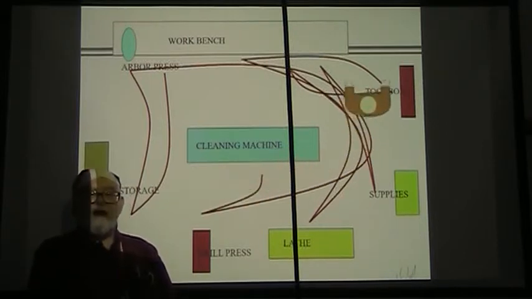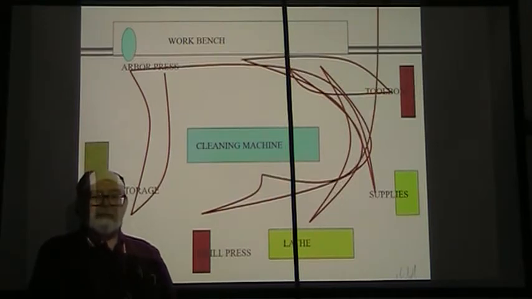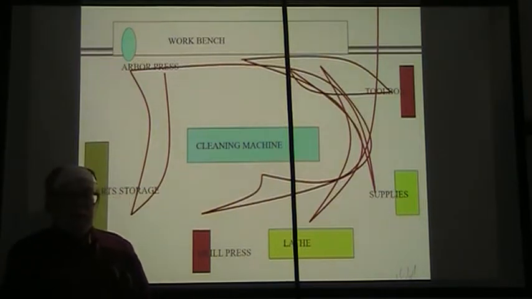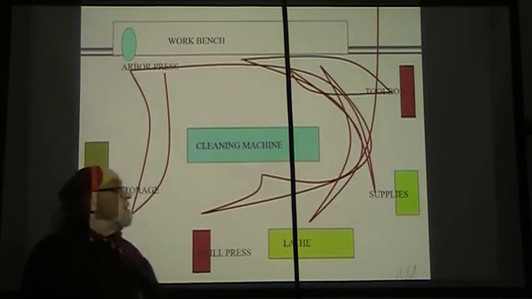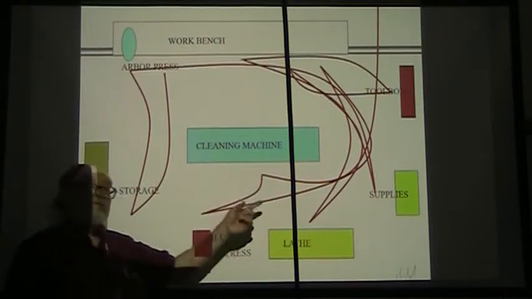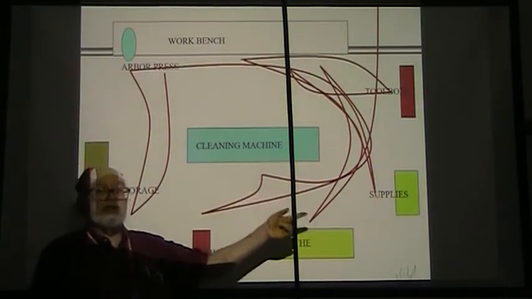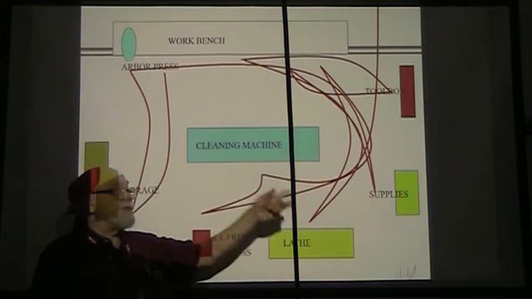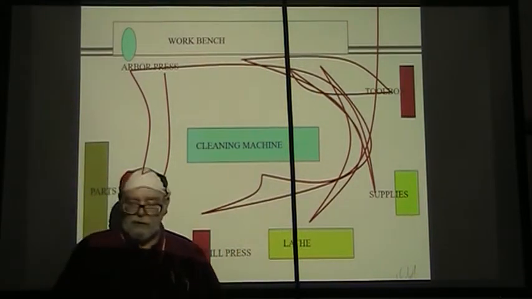And then it's finally done. He takes it for inspection. And so this is a spaghetti chart. After we do lean, the path of travel should be simpler.